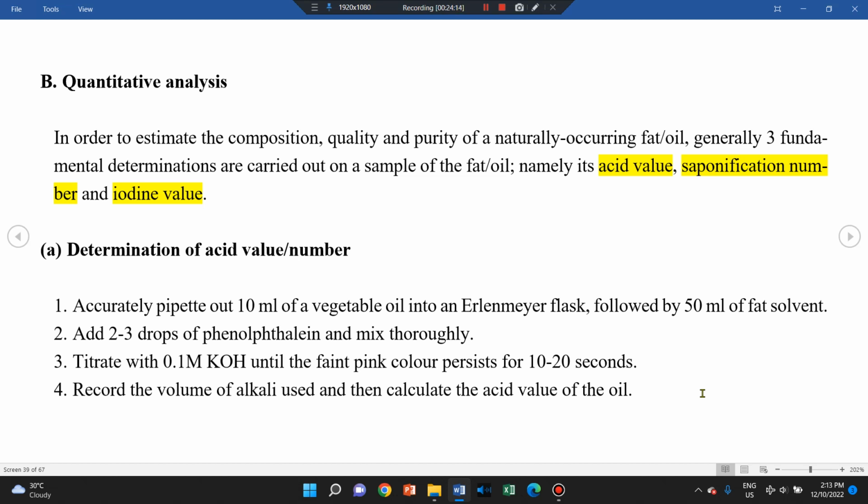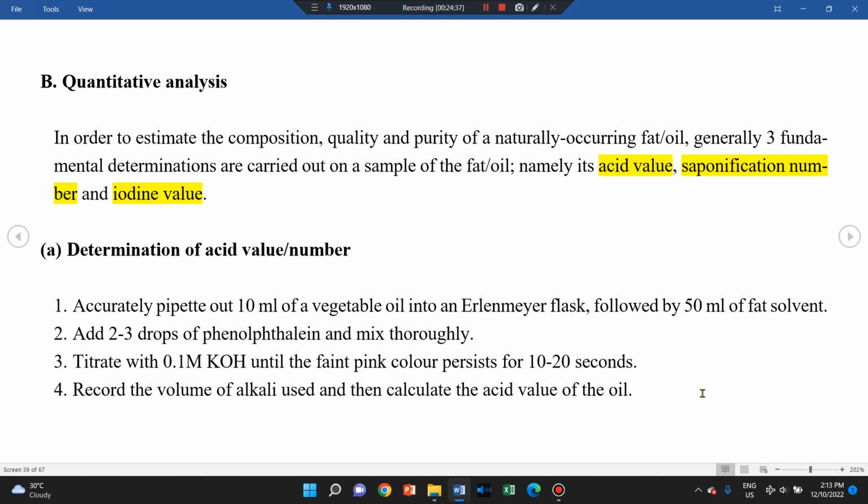So they use it to determine which oil is good to make soap, and also batch to batch, the oil needs a particular value of saponification number to make good soap. Okay, please find out more about this theory that I am explaining.